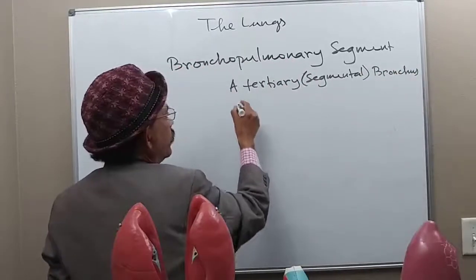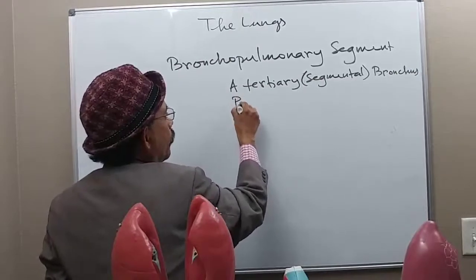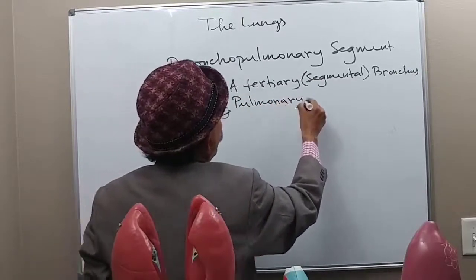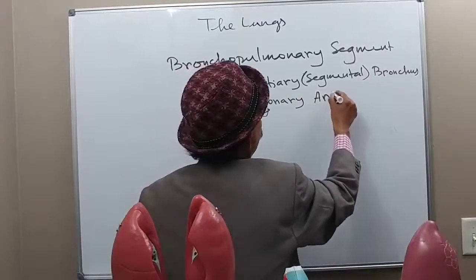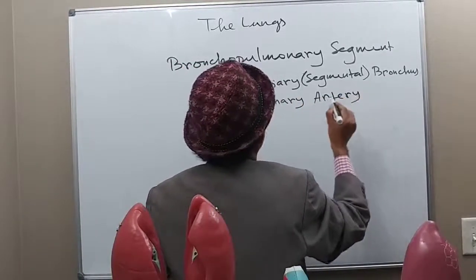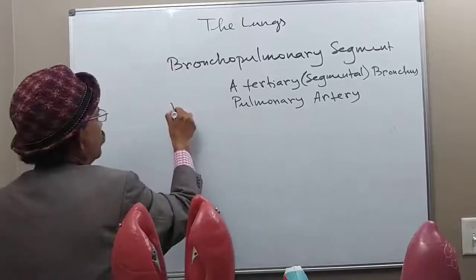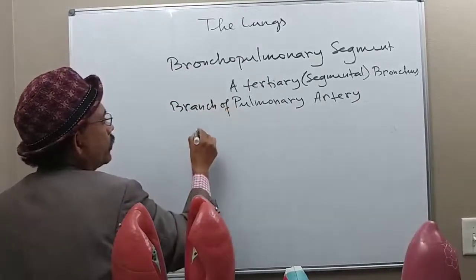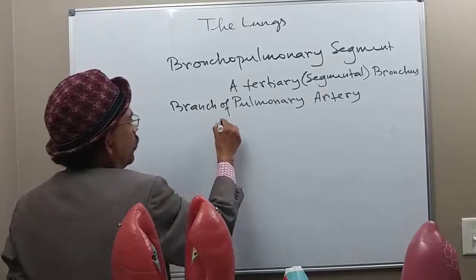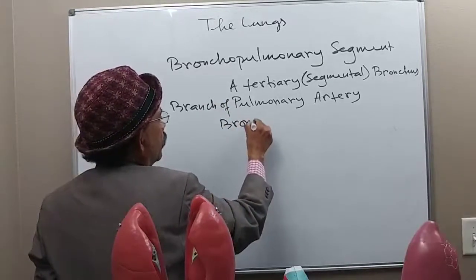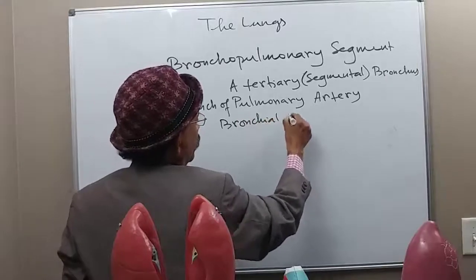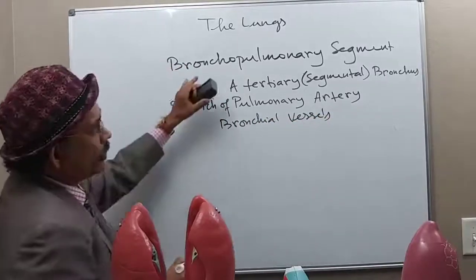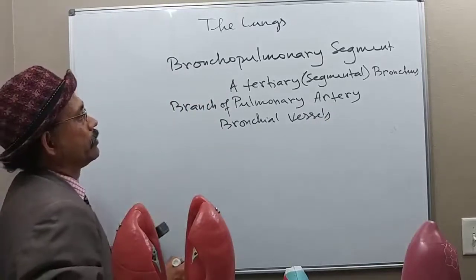It contains a branch of pulmonary artery and bronchial vessels inside the bronchopulmonary segment.